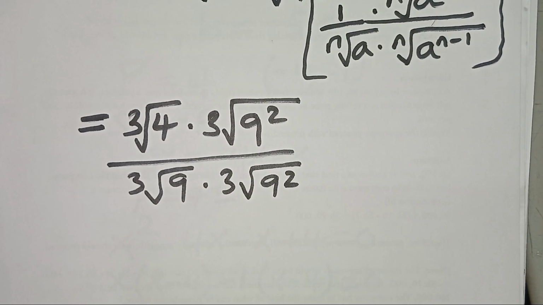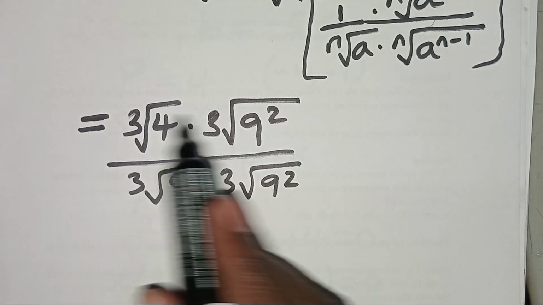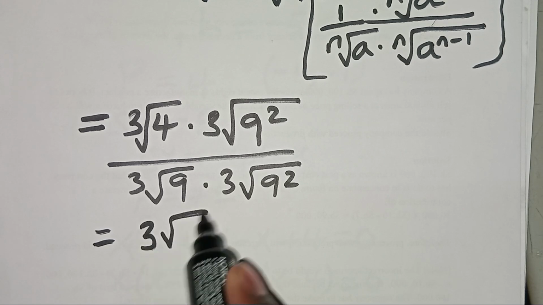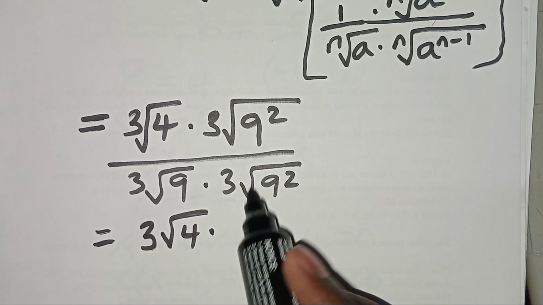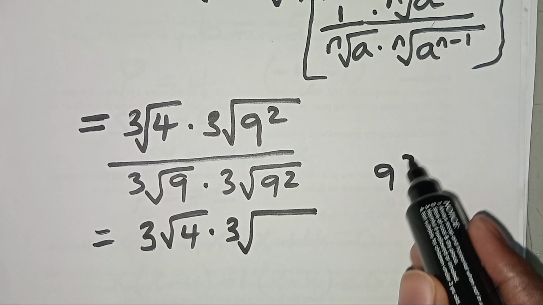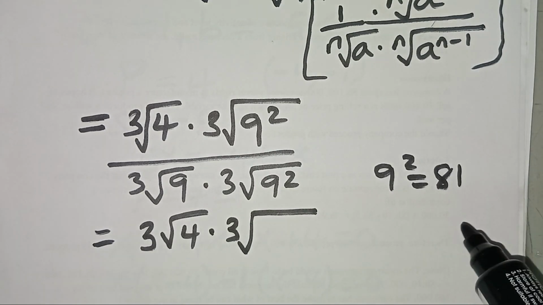Now, in the numerator part, we have the cube root of 4 multiplied by the cube root of 9 squared, which is the same thing as 81.